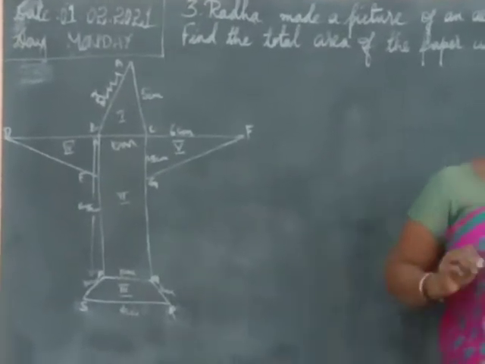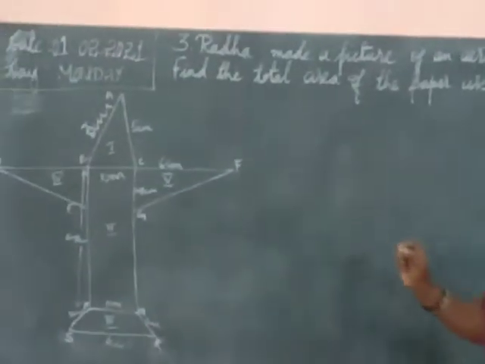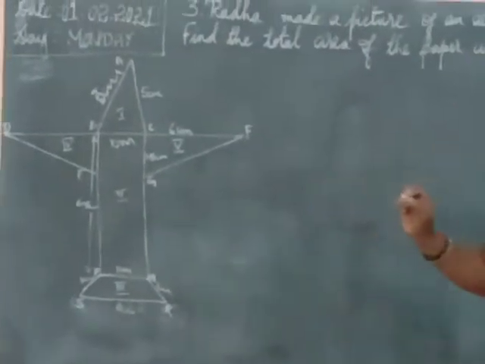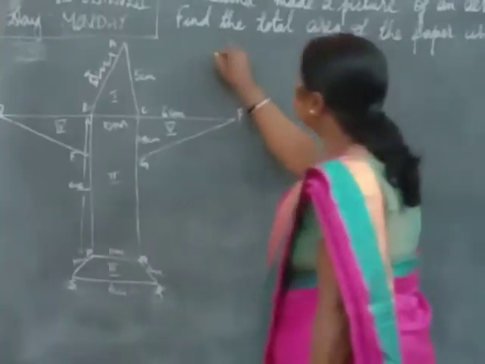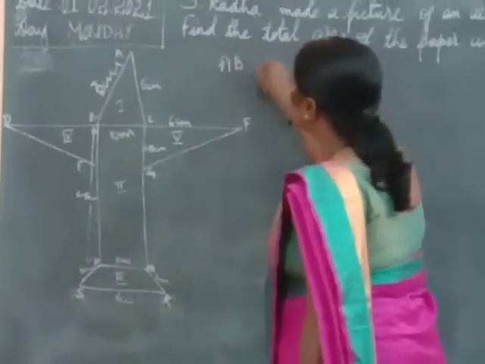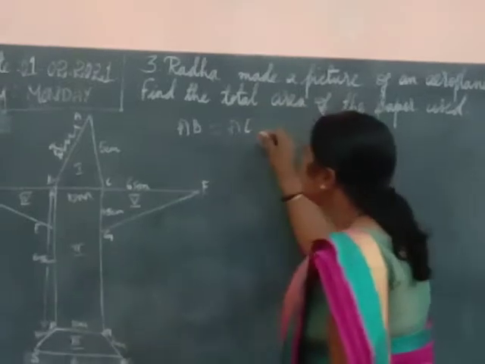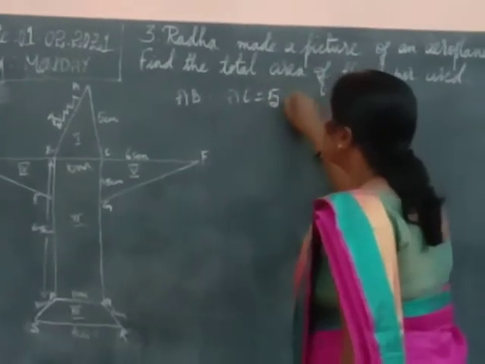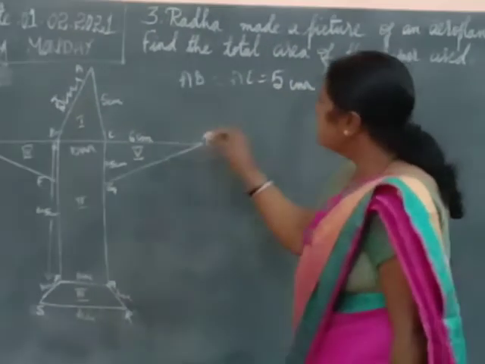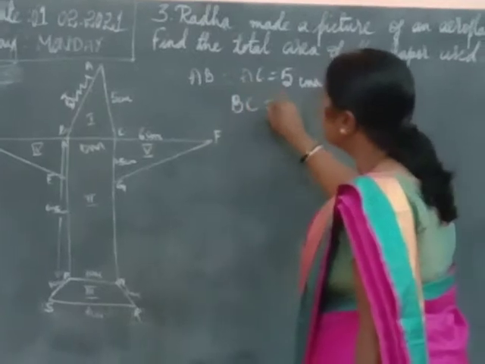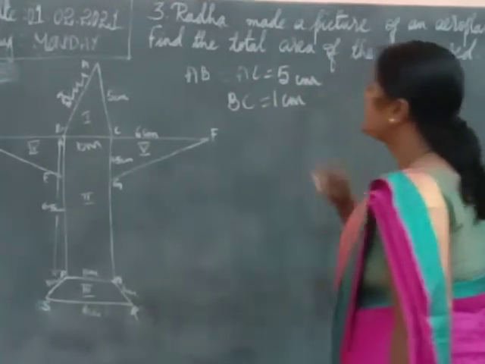Now let us see. ABC is an isosceles triangle. Here AB is equal to AC is equal to 5 centimeter, and BC is equal to 1 centimeter.